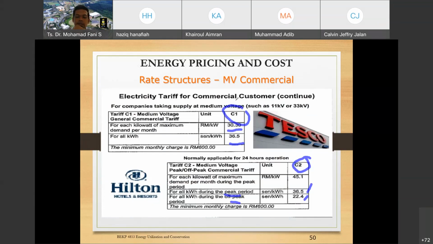But look at the maximum demand for C1 compared to C2. The maximum demand for C1 is quite a bit lower compared to C2.